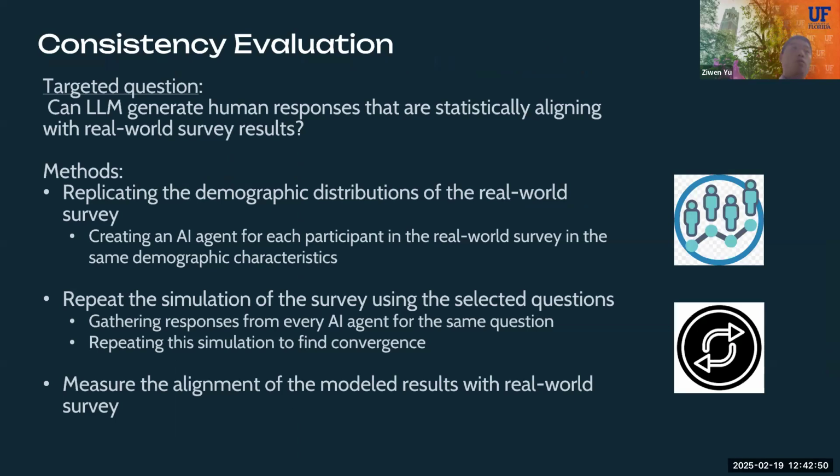All right, so the first measurement is consistency. The goal is to see if the LLM can generate human-like responses that are statistically aligned with the real-world survey results. The methodology is that we replicate the demographic distribution of the real-world survey by changing the role setting of the prompting strategies, and creating AI agents for each participant that we had in the real-world survey.